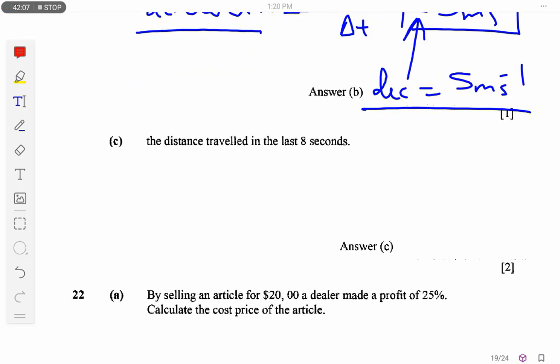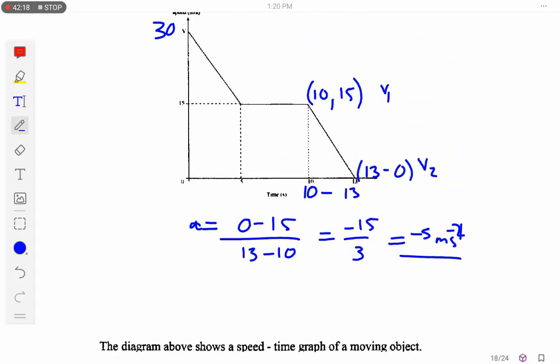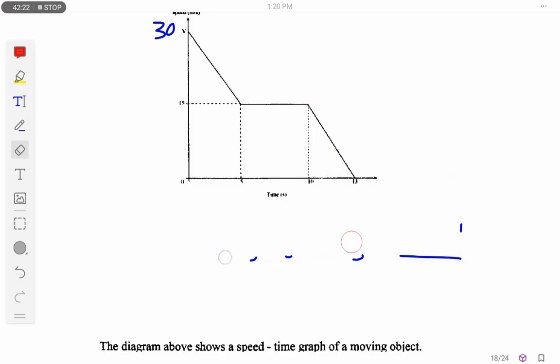Now, the last question is asking for the distance traveled in the last 8 seconds. When we have a speed-time graph and they say find the distance, it's basically the area under the graph. For the last 8 seconds, here we have 3 and here we've got 5.